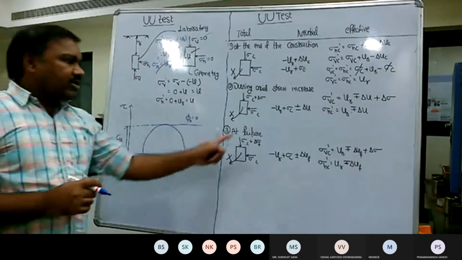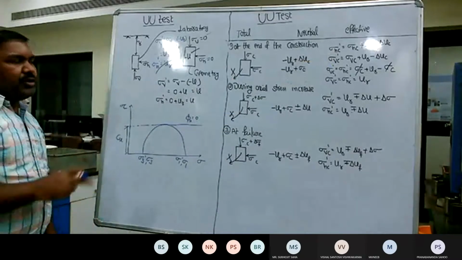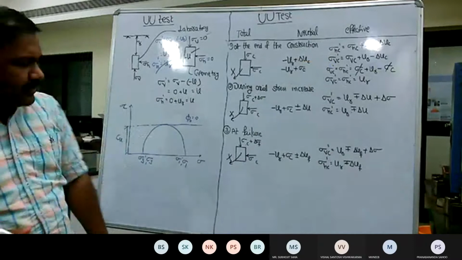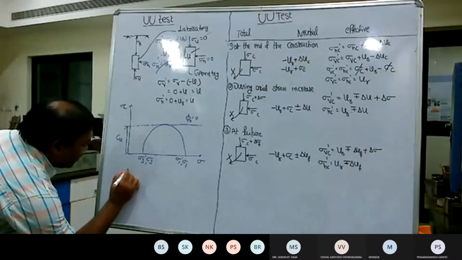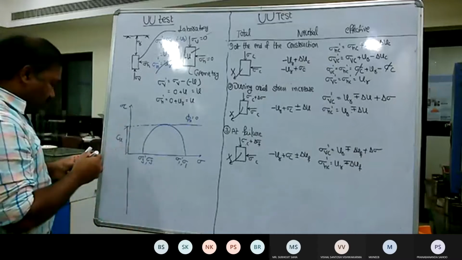Now, as you were asking, what will happen if I conduct a UU test on soil samples which are not fully saturated? In that case, you can draw the Mohr circle something like this.